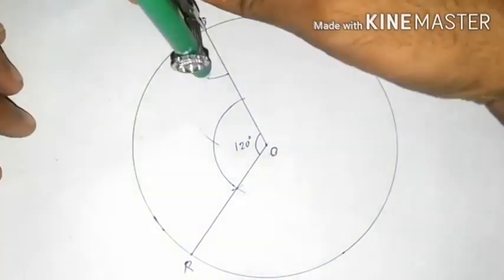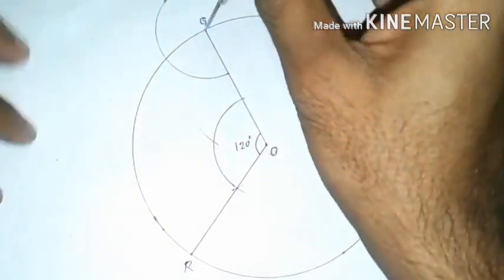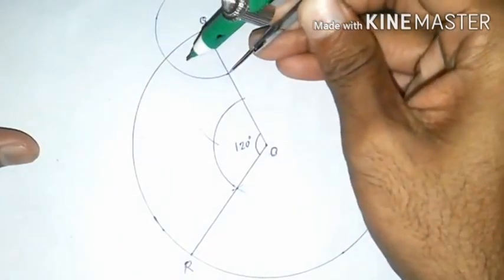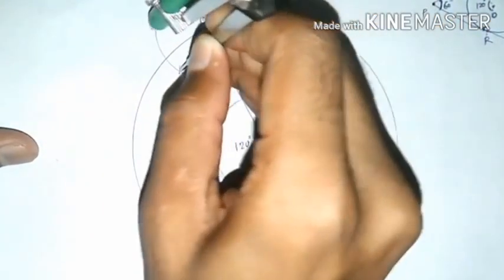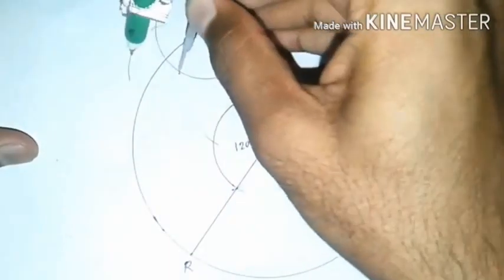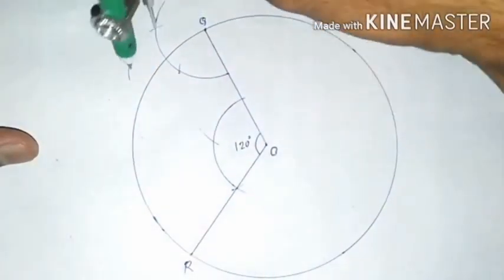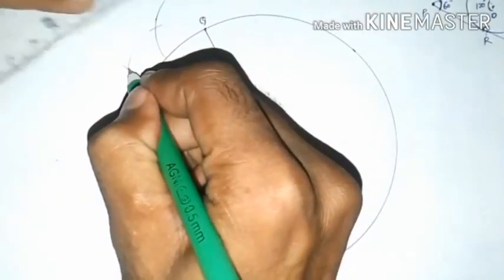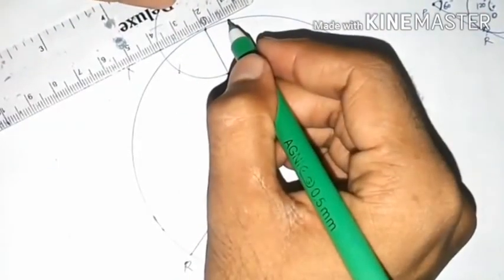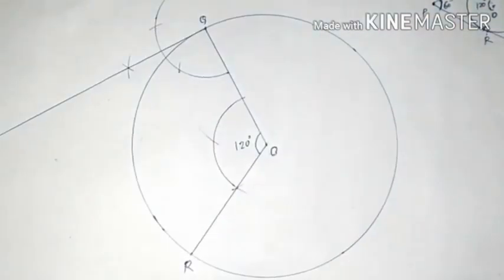Using your compass, draw an arc by taking any radius, and using the same radius you have to cut it into two equal pieces in that arc. And from the first portion again you have to draw one more arc, and from the second portion also you have to draw one more arc. Two arcs will intersect at a point, and that point and the point Q we have to join. So at Q now the 90 degree angle is formed.